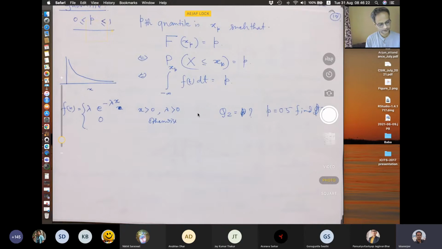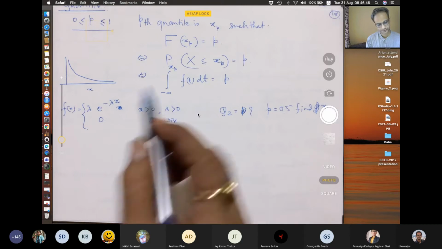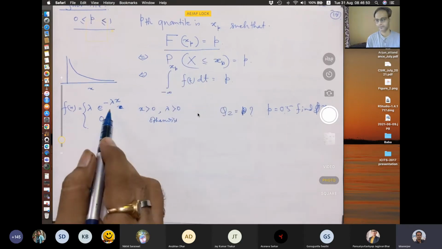So can you please find out the half-lifetime? You have to solve this equation. So this is the PDF.